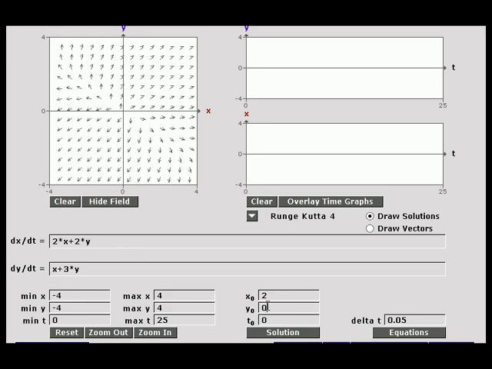So if you start at 2, 2, for example, the straight line, it starts right here, and as t increases, because e to the 4t increases, it goes off to infinity, but it goes off in a straight line.